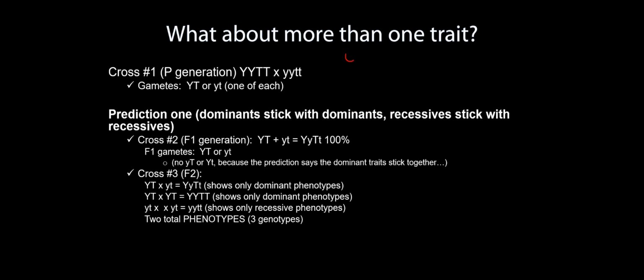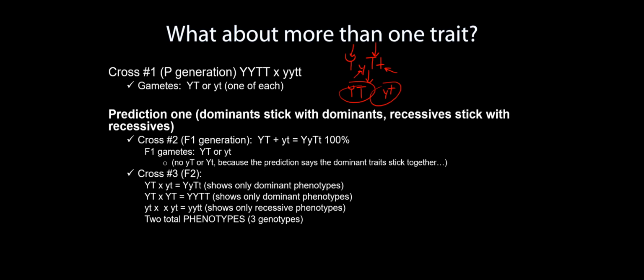So if we have this genotype, the question is, what kind of gametes can we make? If the dominant alleles stuck together, as the first hypothesis is, we would only get two possible combinations, where the capital letters are together and the lowercase letters are together.